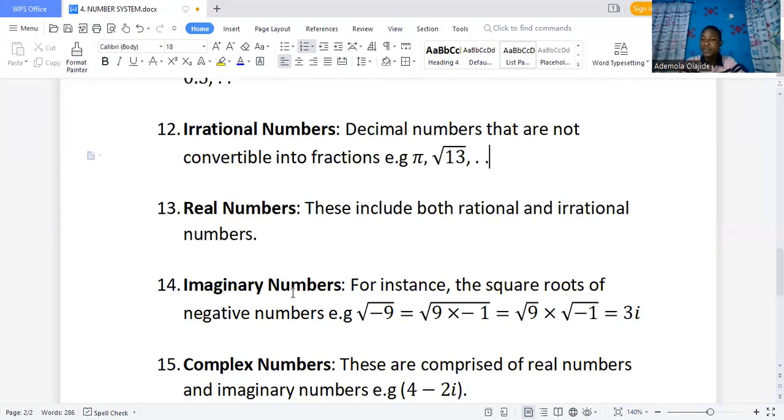But most of the exams that we take at primary school level, common entrance, and secondary school level, WASC, NECO, UTME, post-UTME, IGCSE, all those ones, most of them make use of real numbers. So imaginary numbers is what we want to talk about next.